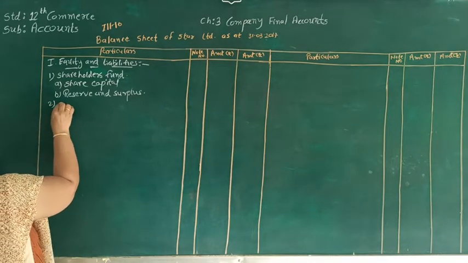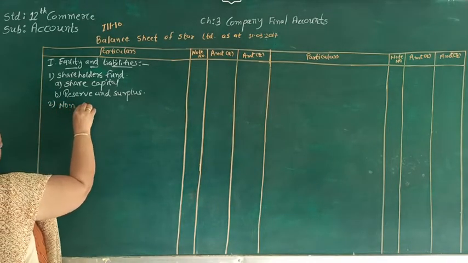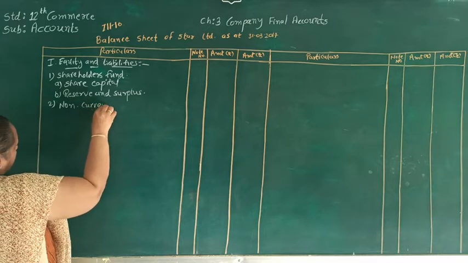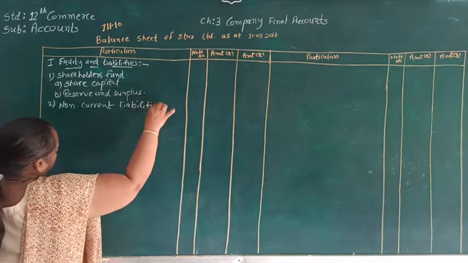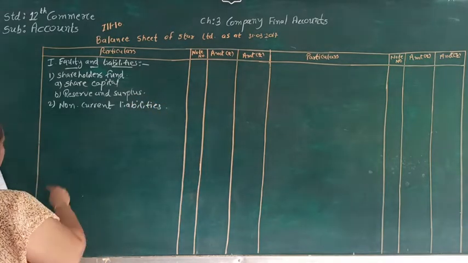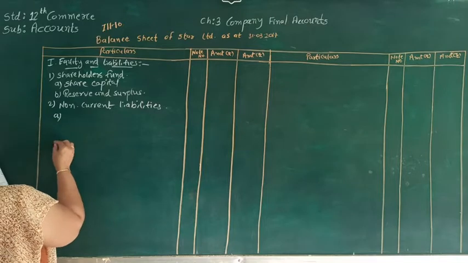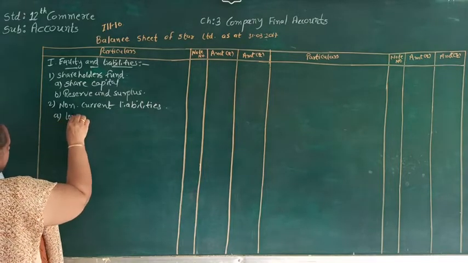Then the second heading is non-current liability. In that, very first heading is long-term borrowing.